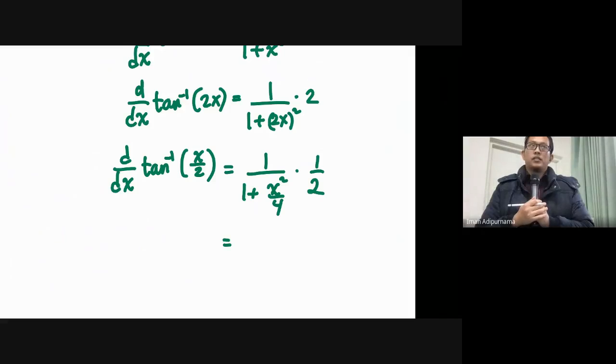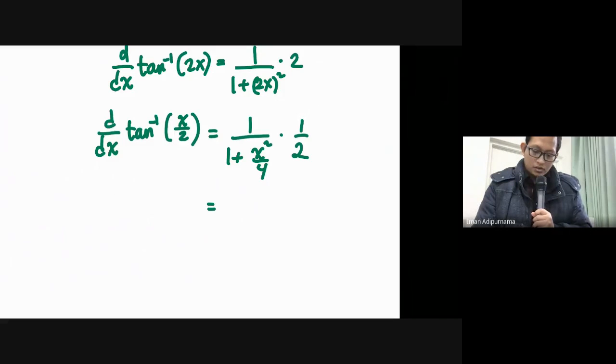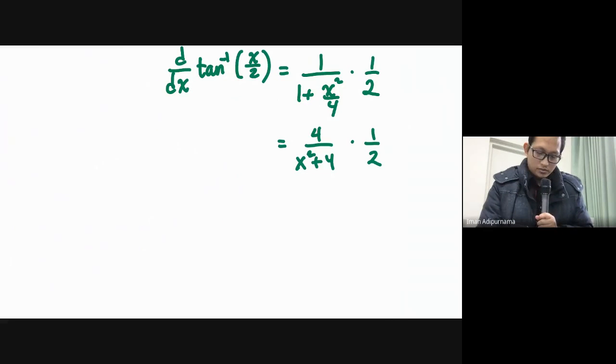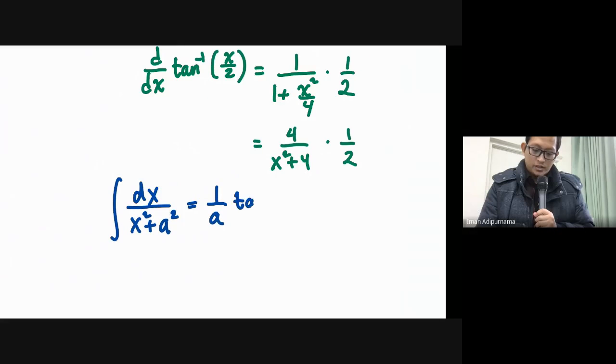This part I can simplify and make it 4 over x squared plus 4, and I need to multiply by half, right? So I can write, for any constant a, real number, the integral of 1 over x squared plus a squared equals 1 over a times tangent inverse of x over a.